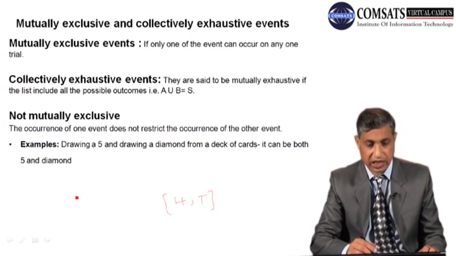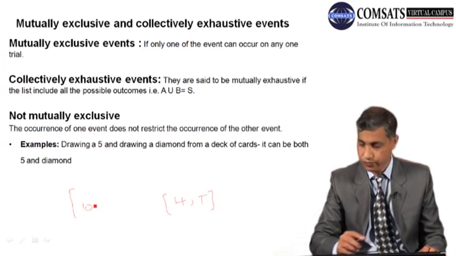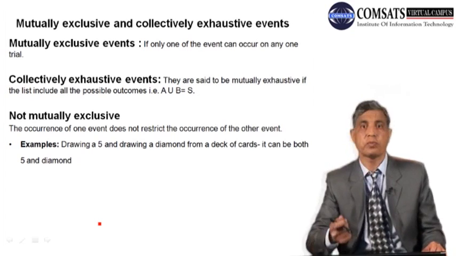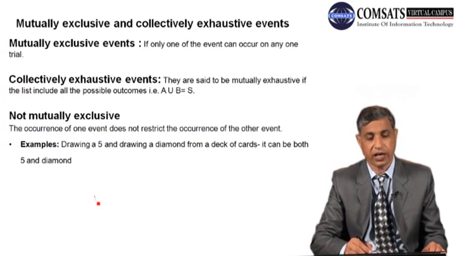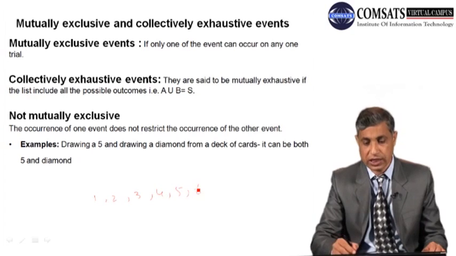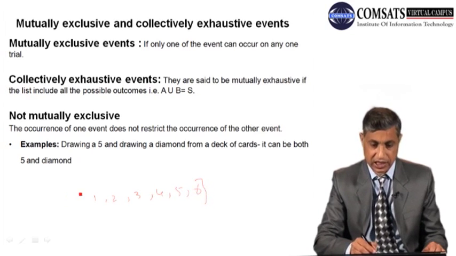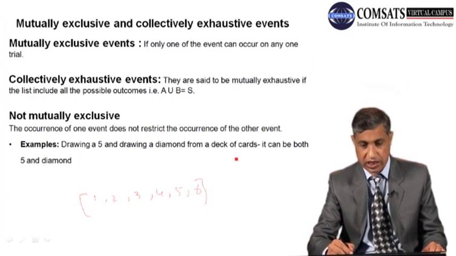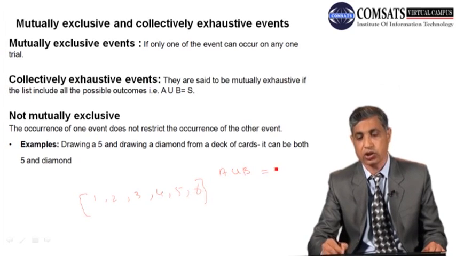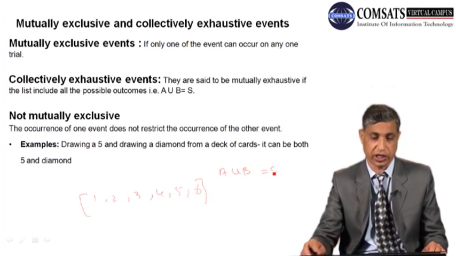Similarly, if we throw a dice, like when we play Ludo, the dana is called the dice, it has 6 outcomes: 1, 2, 3, 4, 5, 6. So this is the collectively exhaustive event that includes all the possible outcomes, and the A event, if we take its union with the B event, is equal to the total population.